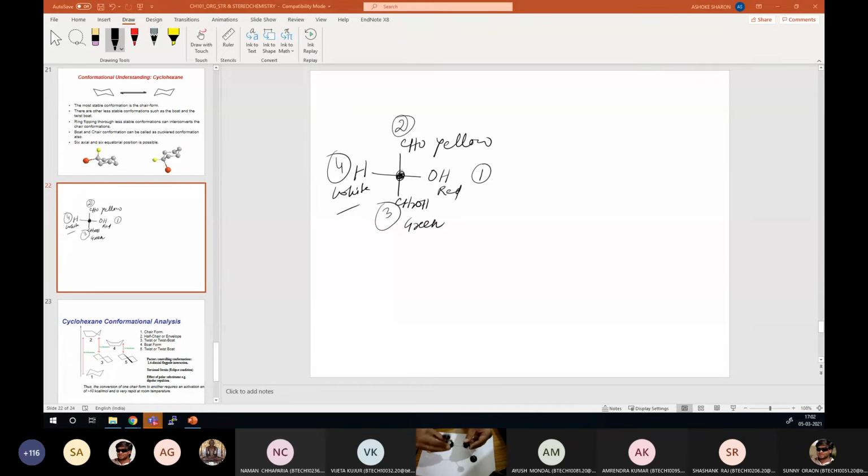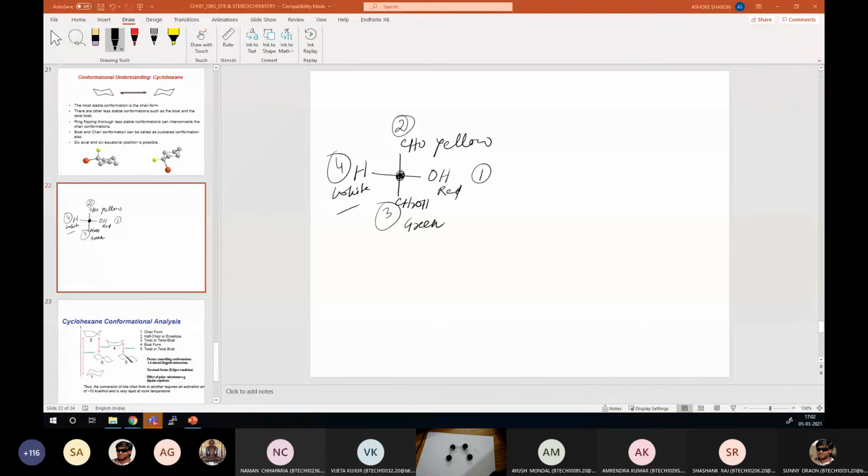What I am trying to say is that if you have free rotation about the C-C single bond, then another conformer can be created and both conformers will be interconvertible. And due to that, butane A and butane B are called conformers. So we are able to explain conformer now.